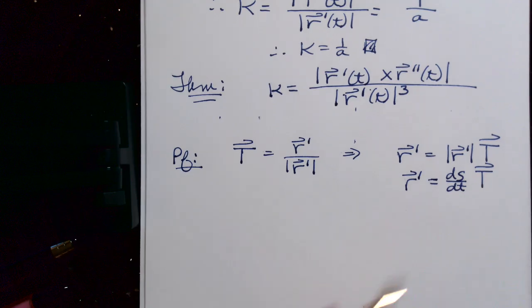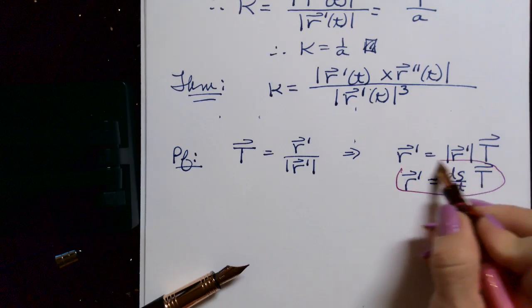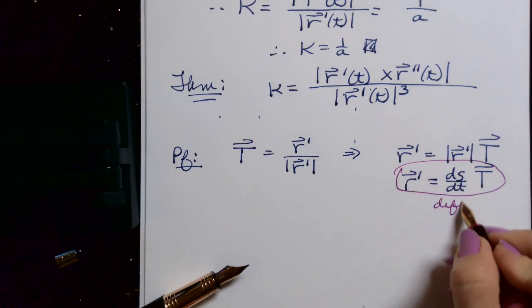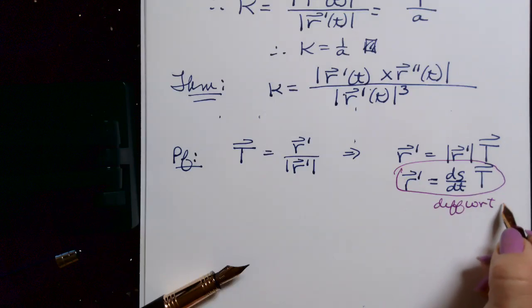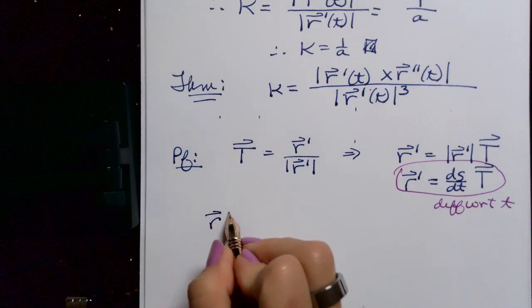Now let's take this formula and differentiate with respect to t, so that I get r double prime. When I do that, I have to be careful.